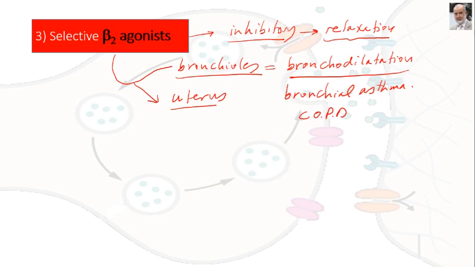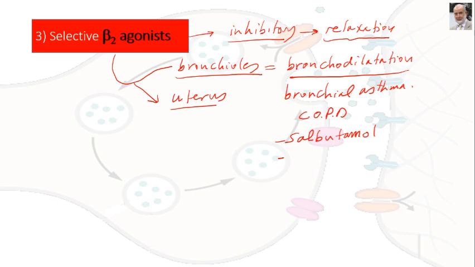They are drugs of first choice, and they are used as well in treatment of chronic obstructive pulmonary diseases. Examples include the very oldest, salbutamol, known as Ventolin. This was one of the first beta-2 agonists introduced into the market for treatment of bronchial asthma.